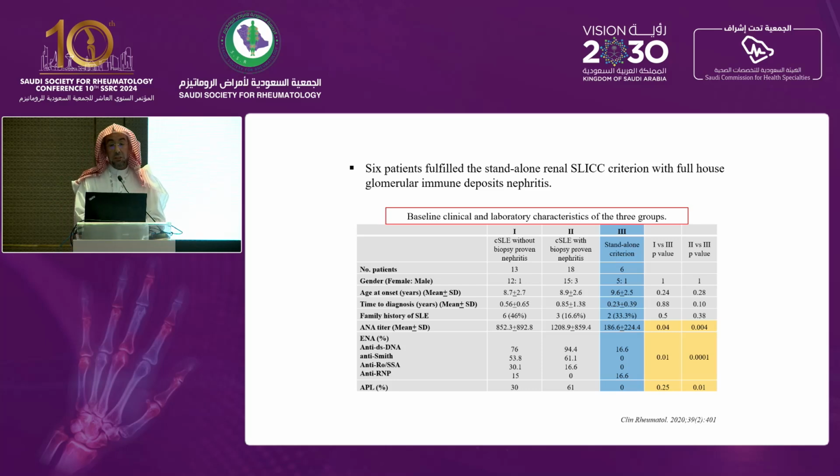Not only that, the serum creatinine is usually higher, and even the chronicity by biopsy was more advanced than the usual SLE. Regarding the treatment, probably they are not responding as expected.